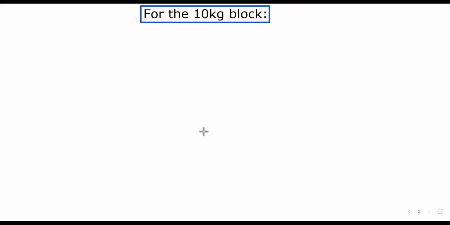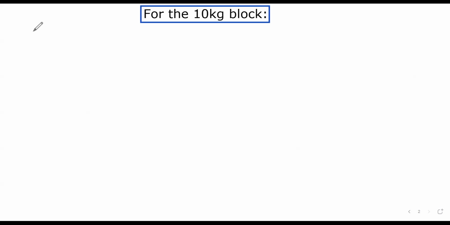So we go to the other block, which is the 10 kg block. And we know that there are only two forces acting on this block. So it's just going to be the tension force and the gravitational force.